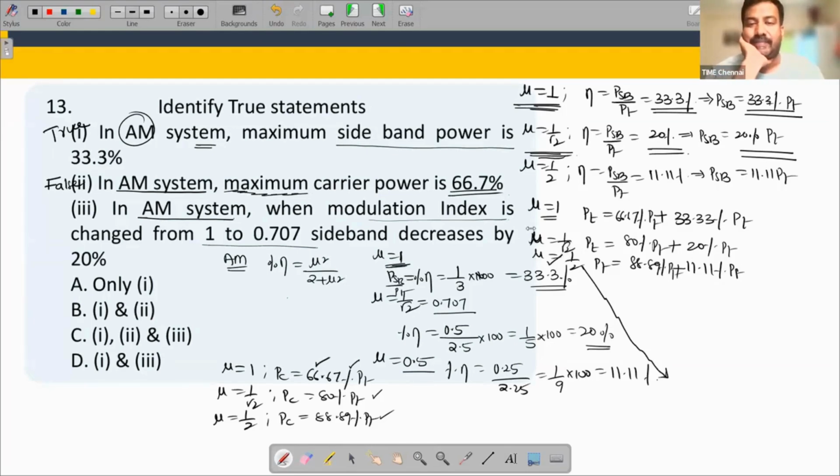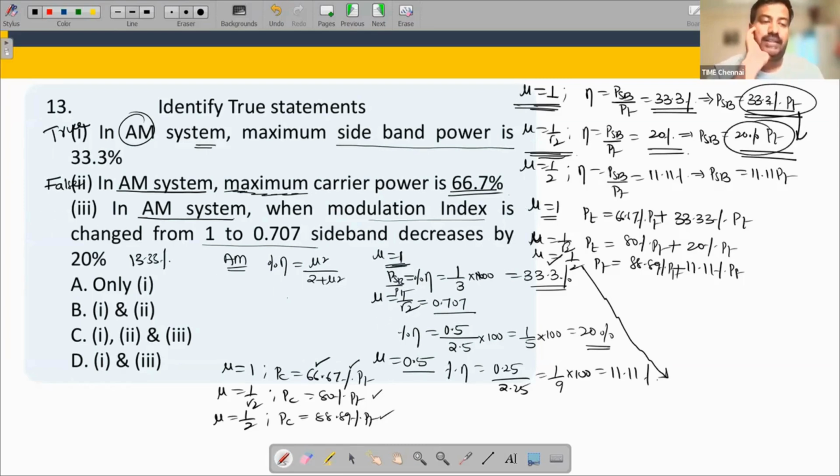It decreases by 20% is wrong. Decreases to 20%, correct. Or if you want to use decreases by, then it decreases by 13.33%. Because from 33.3% it went down to 20, it decreased by 13.33.